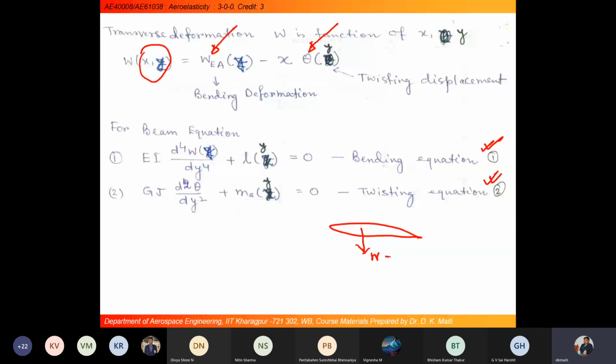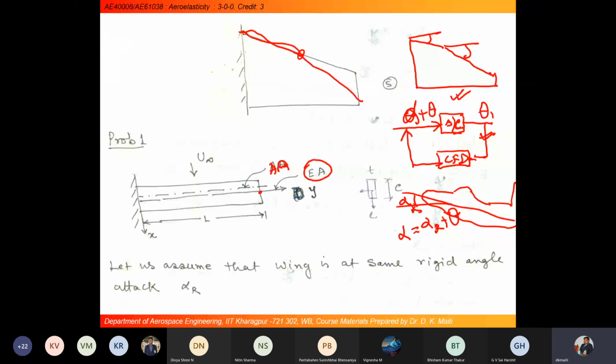So, suppose this is our elastic axis, towards the front part that will have the x coordinate. The origin of the coordinate will start from here, x coordinate, and with respect to this, this side will have a negative value.